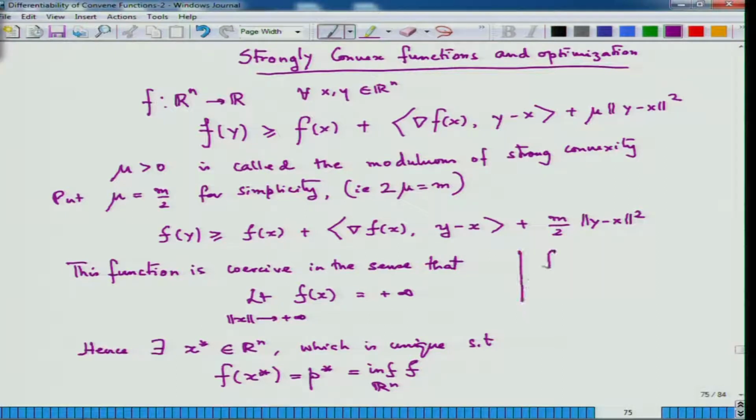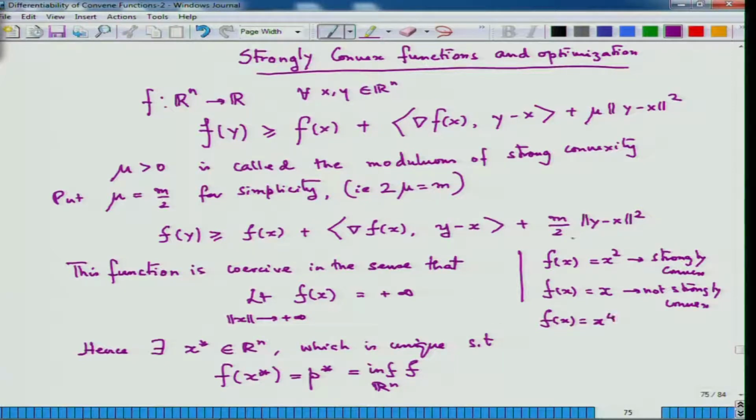For example, f(x) = x squared is strongly convex, while f(x) = x is convex but not strongly convex. f(x) = x to the power 4, with x in R, is strictly convex but not strongly convex.